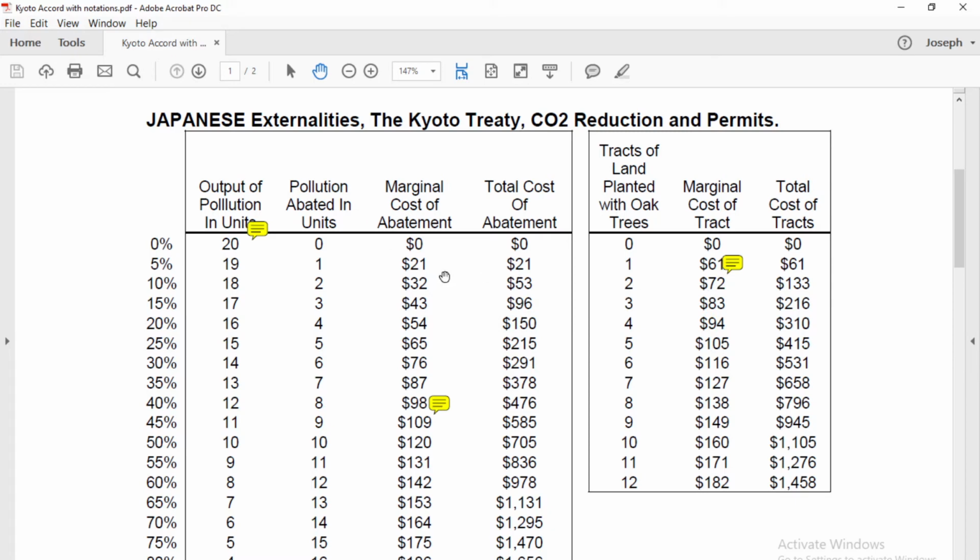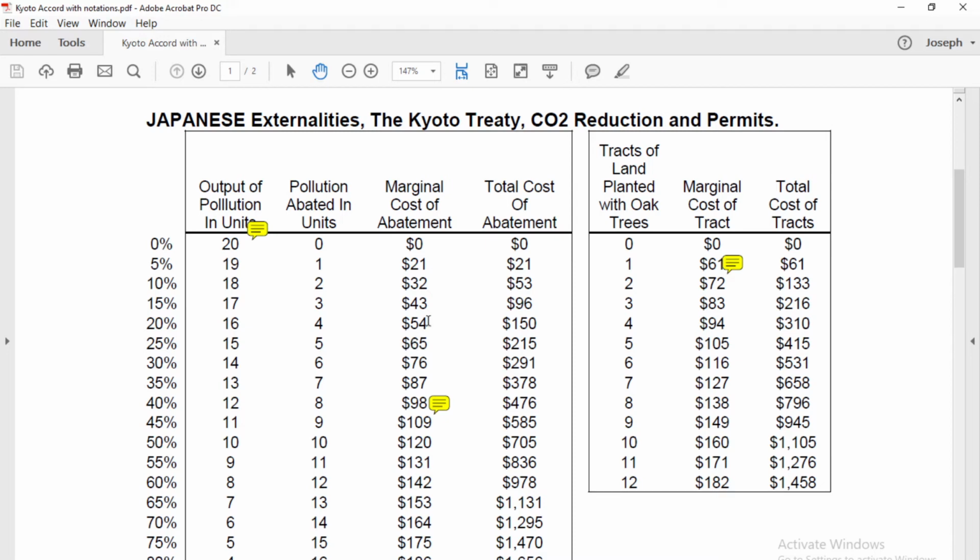Obviously, if that was the choice, they would be further ahead by spending a lower cost alternative and not making the pollution at all. But if they keep on doing abatements, then the cost of abating rises. And eventually it gets to a point where the cost of doing an abatement is more than the cost of planting the trees, and it would make more sense to plant the tree for $61 than to do an abatement for $65.